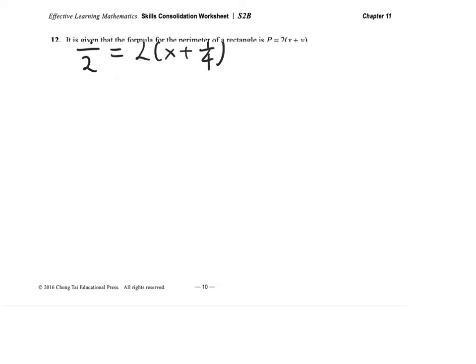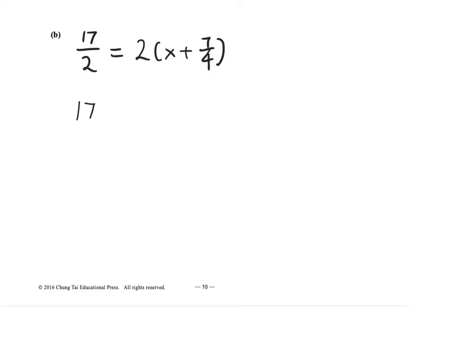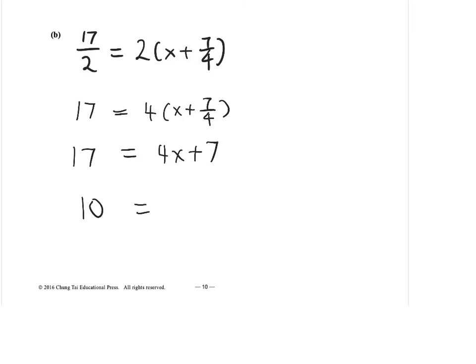Then you are going to solve this one. So you have 17 equals to 4 times x plus 7 over 4. When you remove the bracket, you have 4x plus 7. So you have 10 equals to 4x, x equals to 2.5.